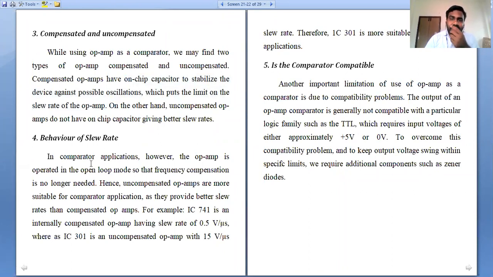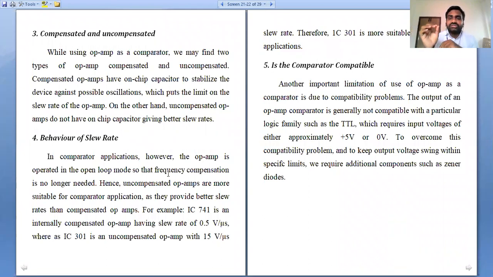In comparator operation, mostly we operate the comparator in open loop condition. Some applications use positive feedback. Why do we operate the comparator in open loop condition? In open loop condition the gain value is infinite, it is maximum. We can see a particular saturation point of the gain value.